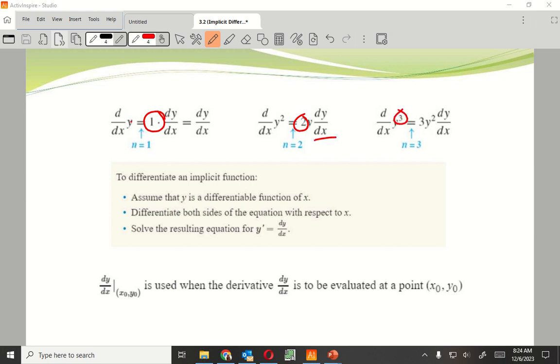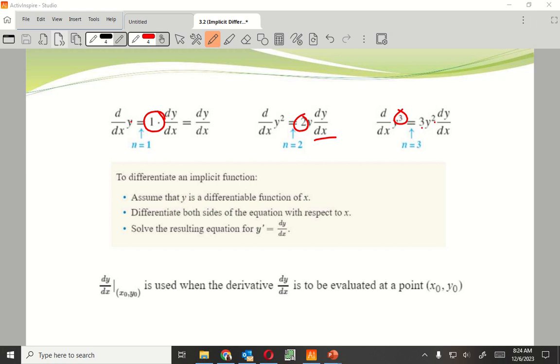Same thing here, if that's a 3, 3 goes here, subtract 1 from my exponent, and then I add the dy dx for this. It is going to make sense when you start doing this yourself.